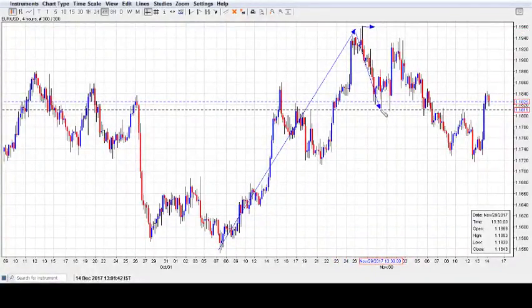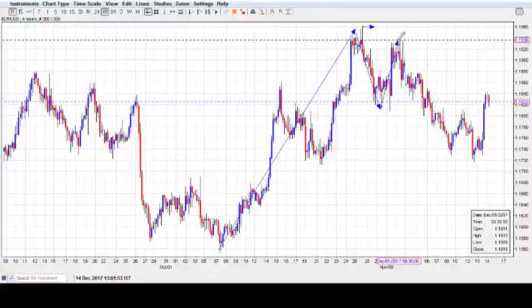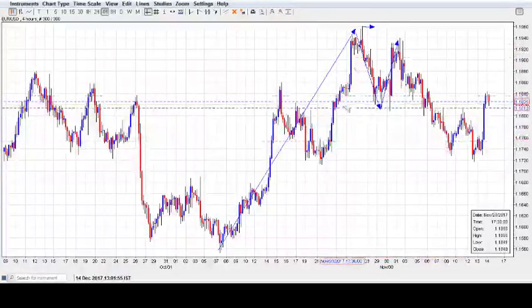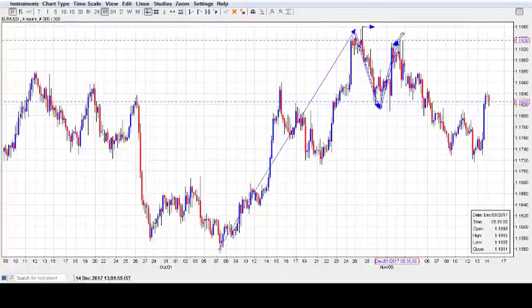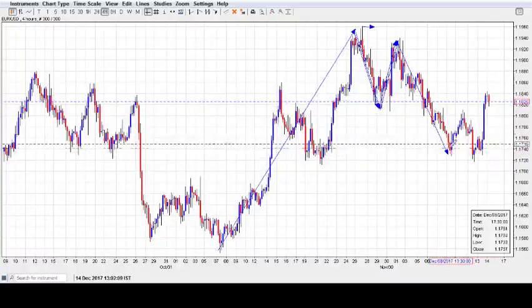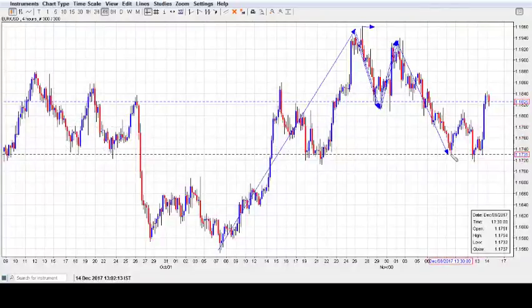We are probably contemplating the possibility of 1, 2, 3, 4, and 5. I'm not talking about an ABC. I think we've got wave 1 and then wave 2, and 1 of 3 is also done, and then you have an expanded flat.